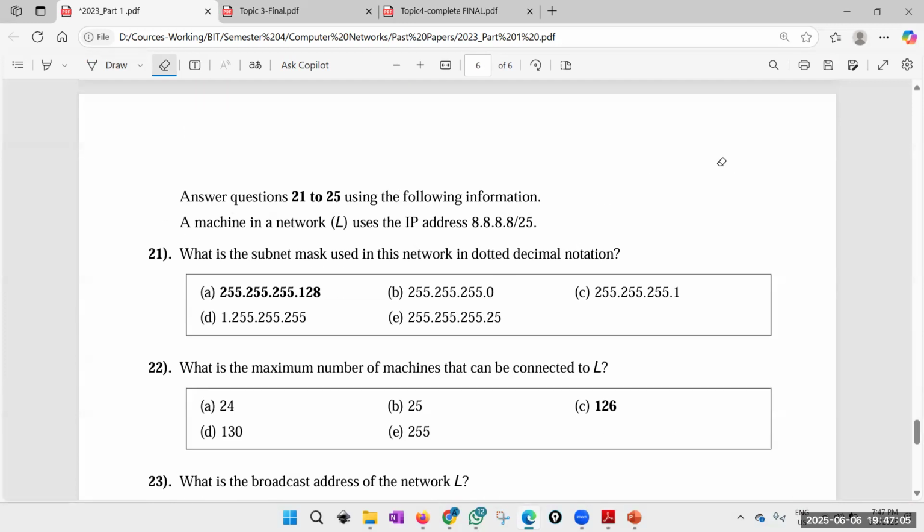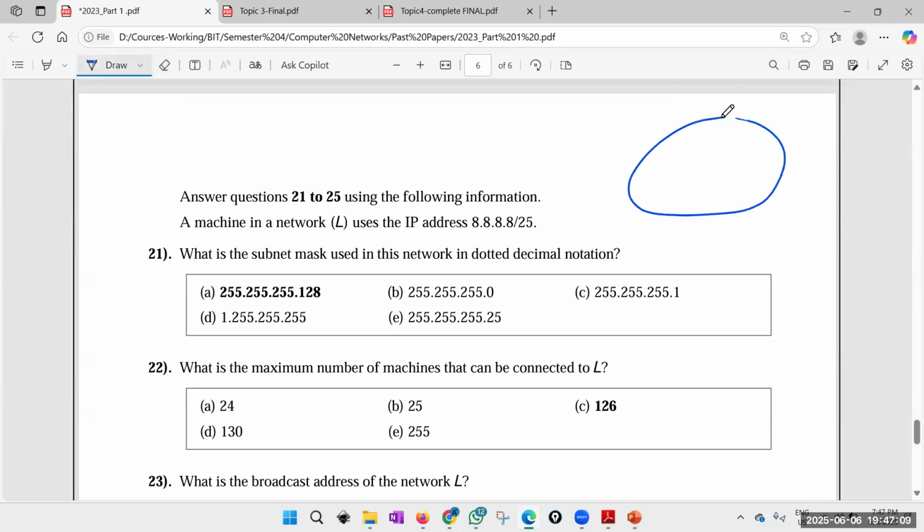So you have a network called L. In that network, maybe a router is there, a switch is there, and a machine there has 8.8.8.8/25.